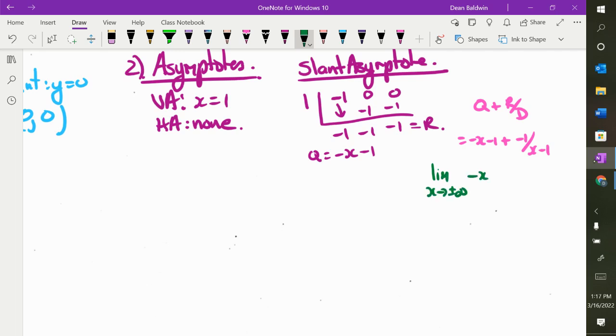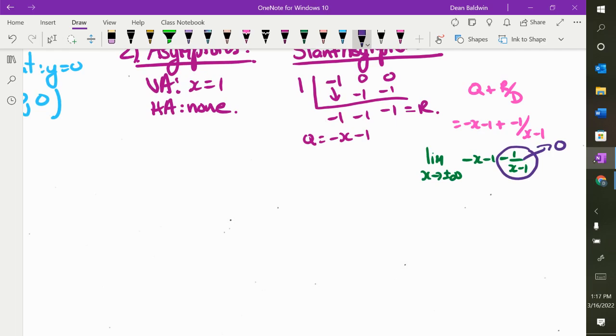Of negative x minus 1 plus, I could say minus 1 over x minus 1. Doesn't matter. Because what happens to all of this? Goes to 0. So the slant asymptote is y is equal to negative x minus 1. All right.